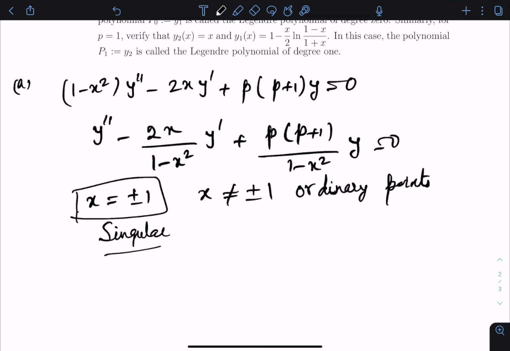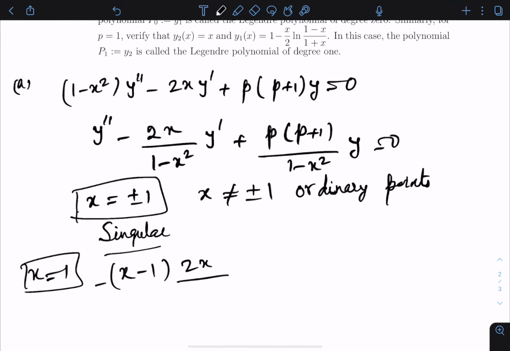How do we check whether it's a regular singular point or not? Let's take x equal to 1. What we have to look at is x minus 1 times the coefficient p(x), which in this case is minus 2x over (1 minus x)(1 plus x). This is your p(x), and we check whether this is analytic at 1 or not.